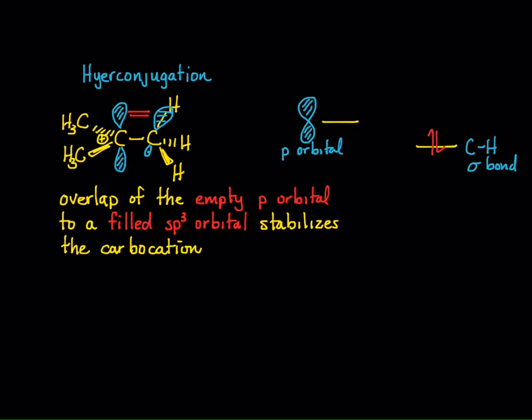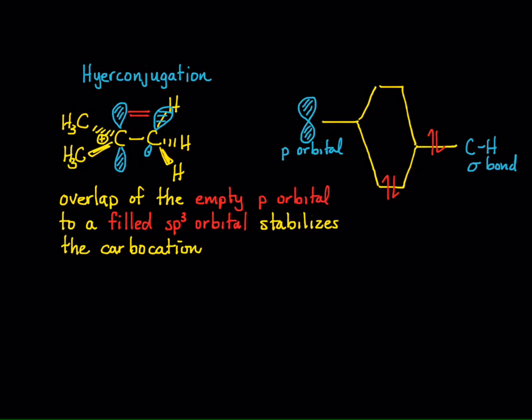It is filled, and therefore they're going to mix to produce two new orbitals, one lower in energy, one higher in energy, and of course, since I only have 2 electrons in here because the p orbital is empty, then I produce a net stabilization. That is what we call hyperconjugation. It comes from the conjugation, right? That the two carbons are conjugating to one another.